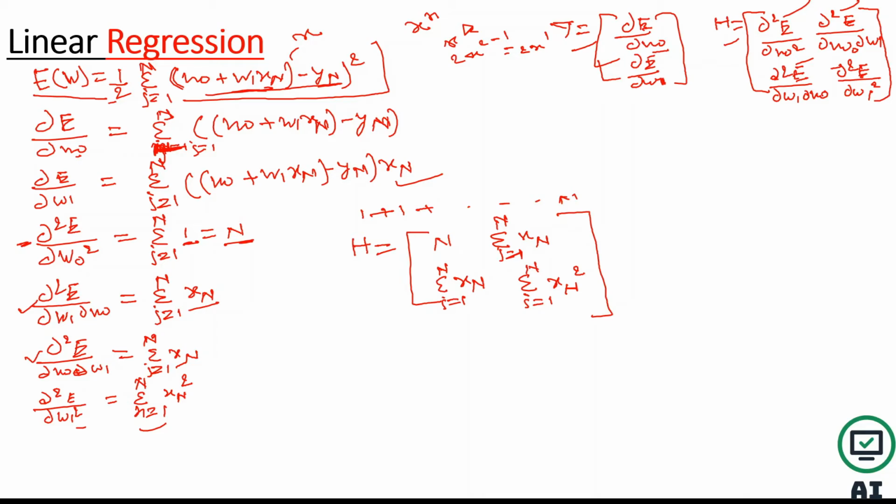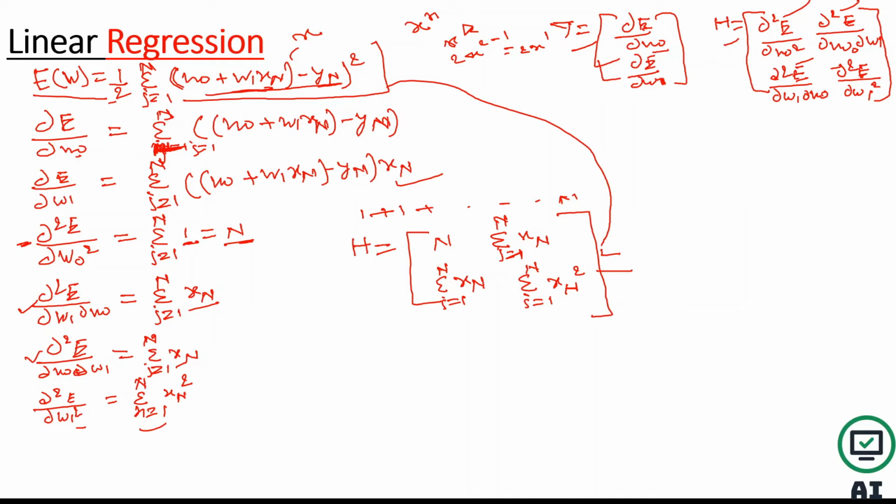So this is the Hessian matrix for this error function, and I have already explained that if somehow we prove that this particular matrix is a positive definite or positive semi-definite matrix, then if it is positive semi-definite, it will be a convex function, and if positive definite, it will be a strictly convex function. I have already explained the difference between convex and strictly convex functions, so you can also see that video if you do not know.